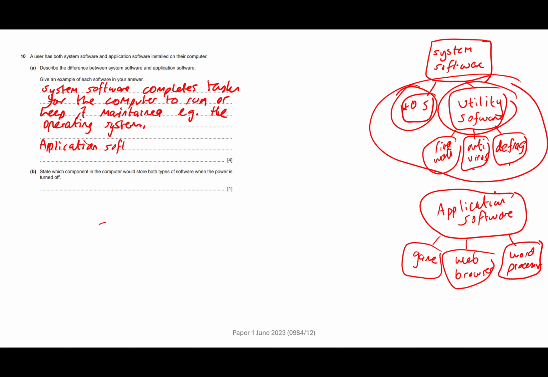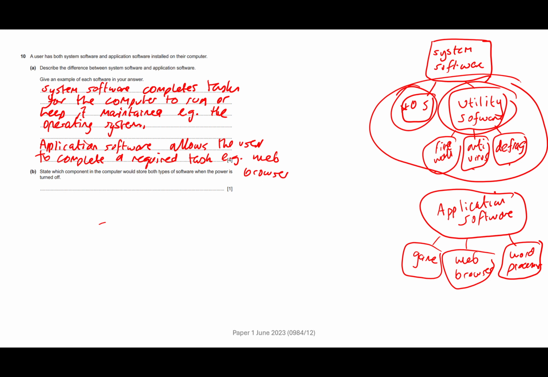Application software, well, I suppose it allows the user to complete tasks that they require to do, or they want to do, or they've chosen to do. Application software allows the user to complete a required task, e.g. web browser.